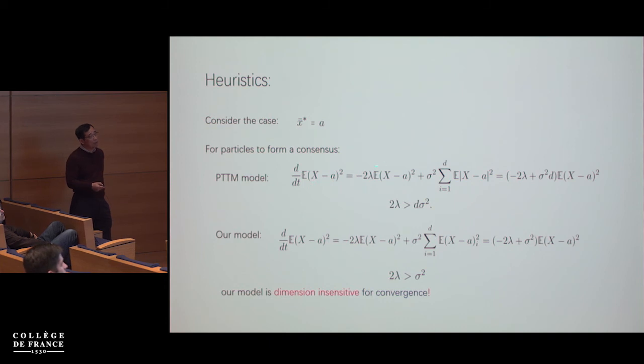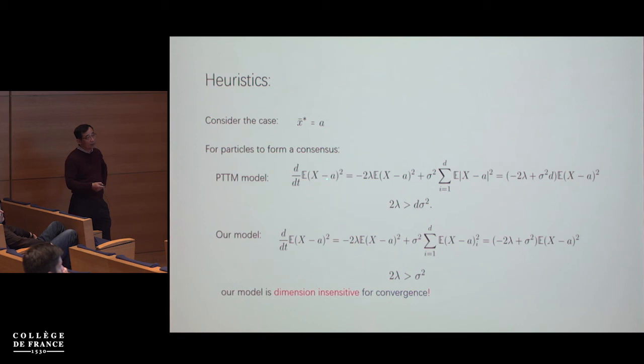The drift term gives you the exponential decay of x toward its average. While the Brownian motion term gives you a summation over all the components of x up to d dimensions of this quantity. You have to add all these d terms. That's why you have this d here.